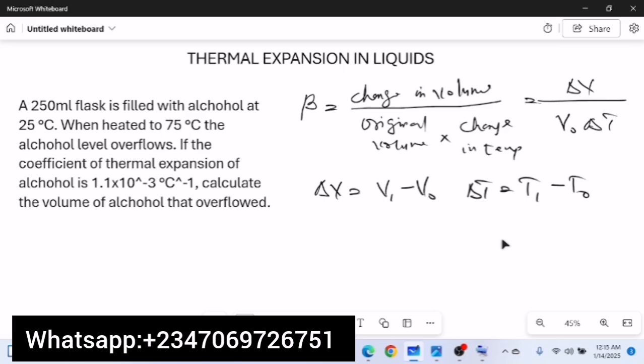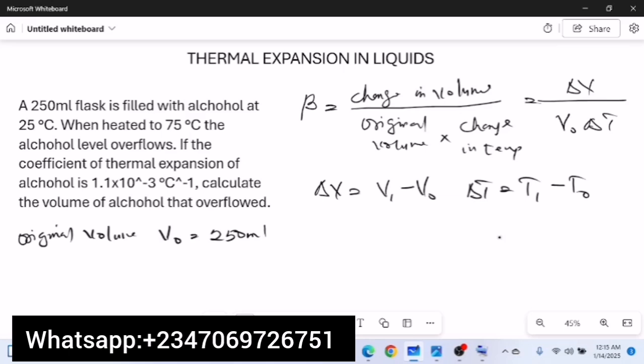So let's pick out our parameters. We're given from the question a 250 ml flask is filled with alcohol, which means the initial volume is 250 ml. So the original volume of alcohol, that's V0, is equal to 250 ml.